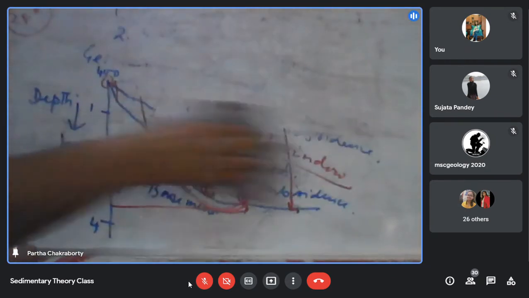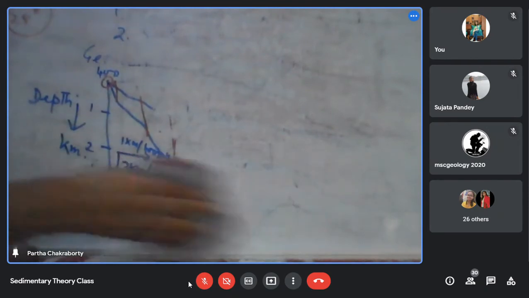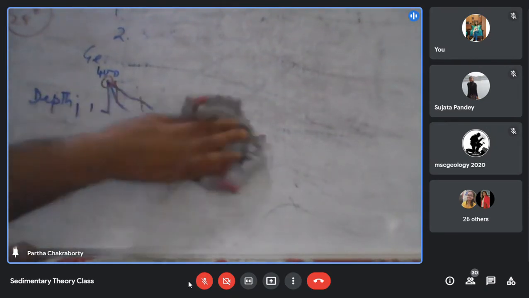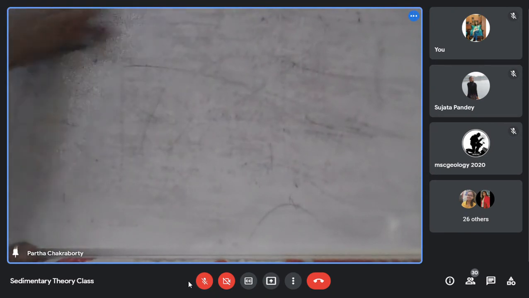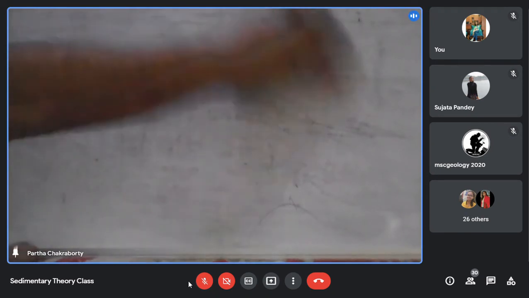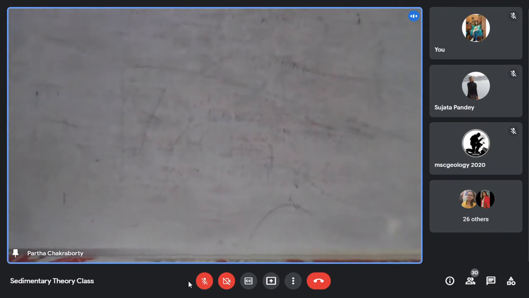What was the geosyncline? Now, after plate tectonics, people do not believe in the geosynclinal theory, but before plate tectonics, people used to believe in it.